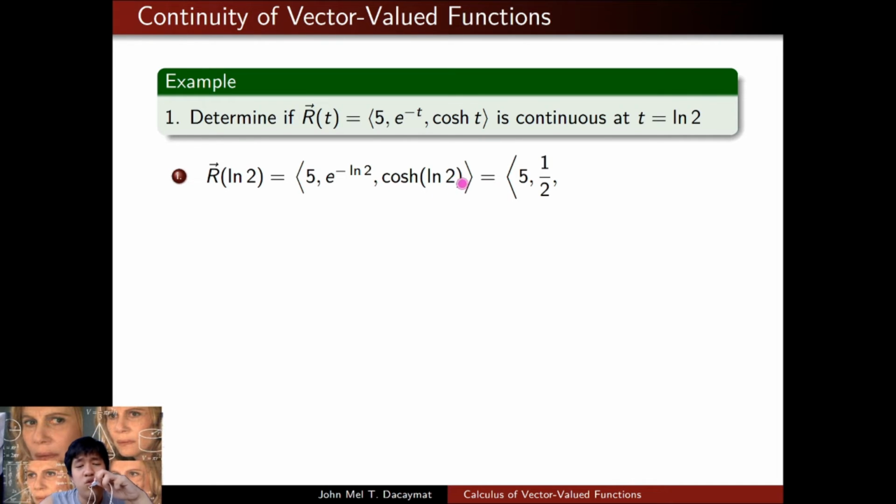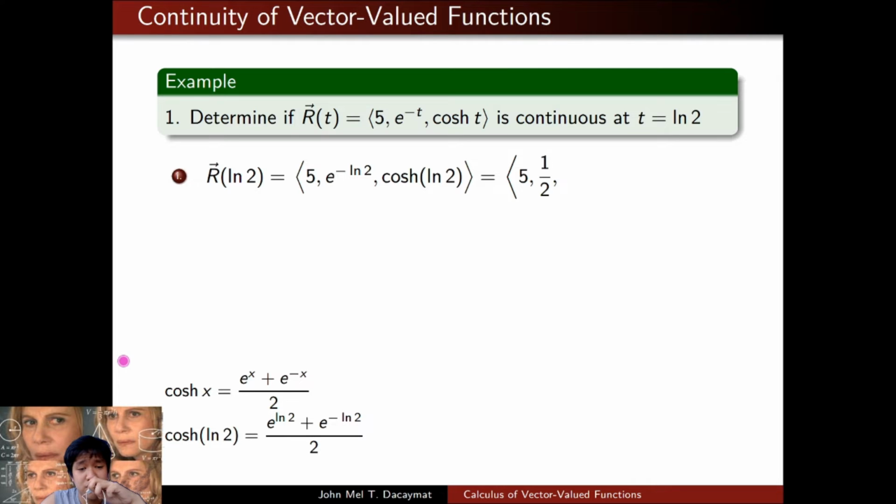Itong cos ln 2, well, kung kayang i-mental, sure, you can put it straight here. But if not, again, you can do a side computation. Just remember that cos x is this, no? Definition po yan ng cos x. So, therefore, cos ln 2 is just e to the ln 2 plus e to the minus ln 2 over 2. Itong e to the minus ln 2, parang ginawa natin kanina, gawin natin e to the ln 1 half over 2.